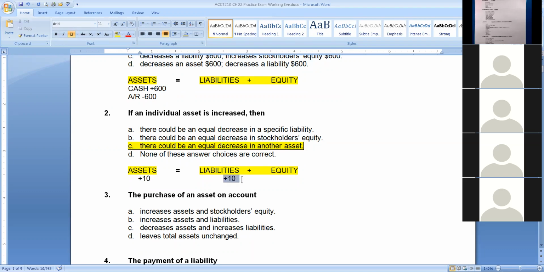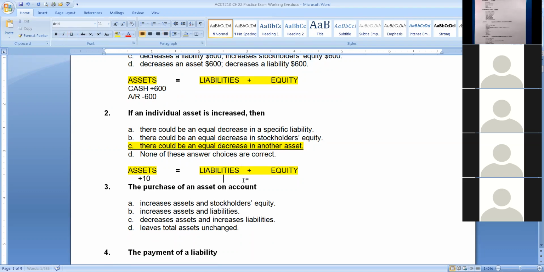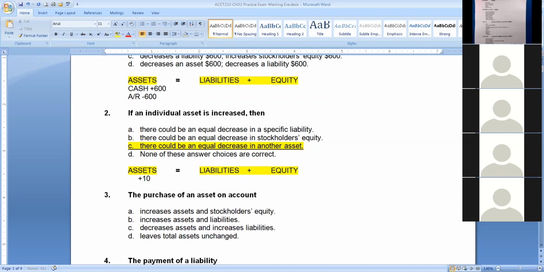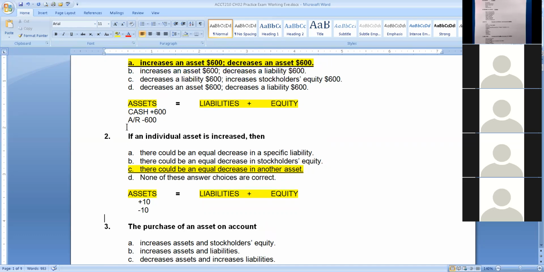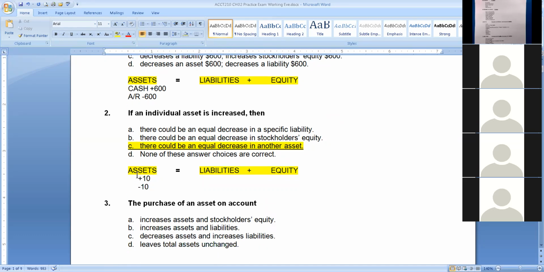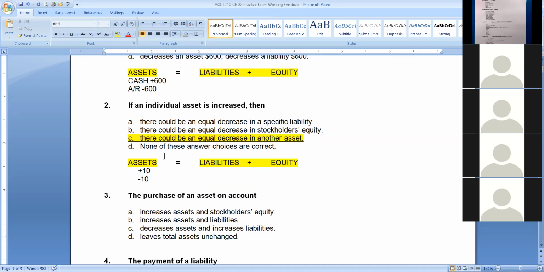If this one doesn't happen, you could also decrease the asset by the same amount, and it was still balanced, right? It's like this one up here. I just used $10 instead of 600, but same idea.